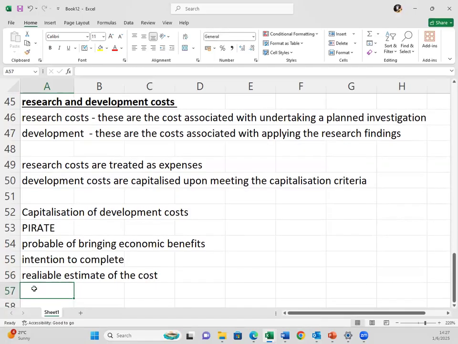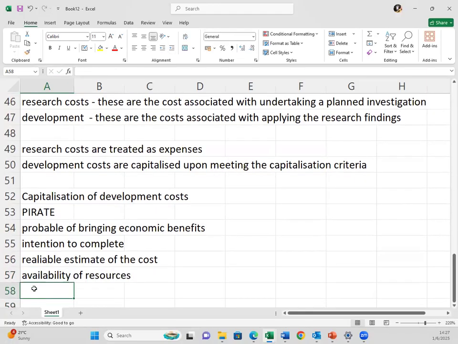We must have resources to complete. The project must have technical feasibility. Then the E is almost the same as the first one.